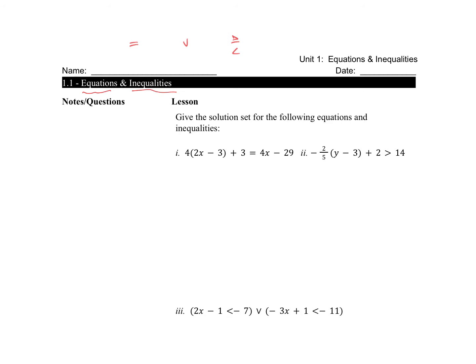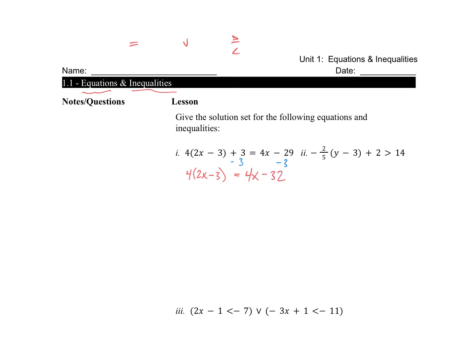We've got 4 times (2x minus 3), there's a parentheses situation, plus 3 is equal to, so this is an equation, 4x minus 29. Now there are a few different ways that you could approach this. What I'm going to choose to do is not to distribute that 4, but to subtract the 3 from both sides. That's going to leave me with 4 times (2x minus 3) equals 4x minus 32.